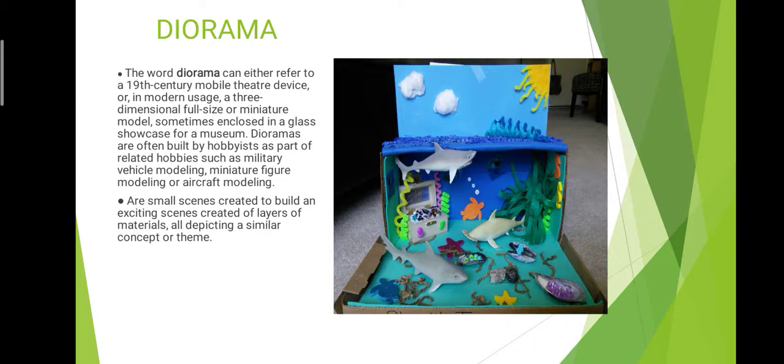So dioramas are small scenes created of layers of materials, all depicting a similar concept or theme. If you make a diorama, it must have a concept or a theme. For example, in the picture, it has a sea theme.